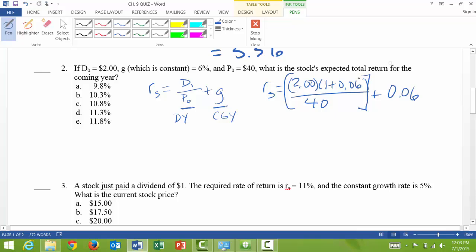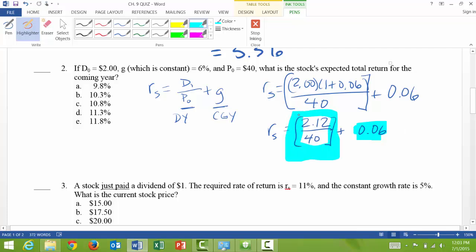And it looks like this is the same information that we had for question 1. So we know that we get $2.12 divided by 40, and then this whole thing plus 6%. I'm putting the 6% right here in decimal form because what I get over here will also be in decimal form.